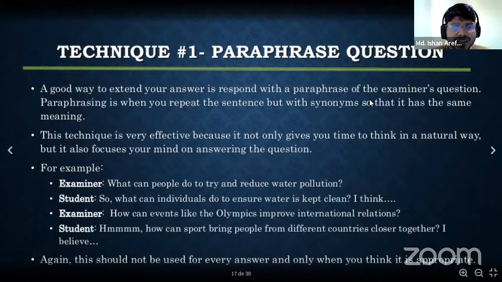So what can people do to try and reduce water pollution? First, you can start answering by paraphrasing the question itself. So you can say, what can individuals do to ensure water is kept clean? So you are paraphrasing the question to start with, then you are saying your opinion, that I think or I guess, most probably.